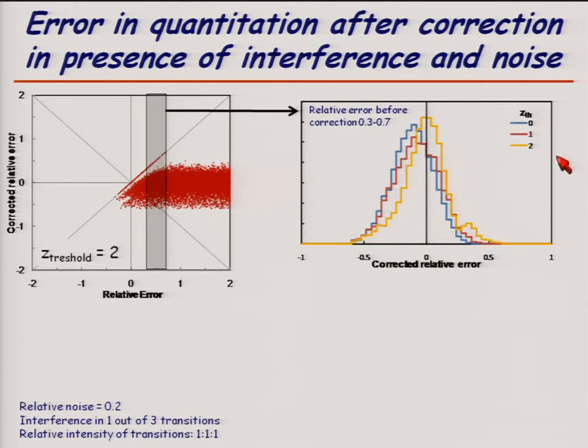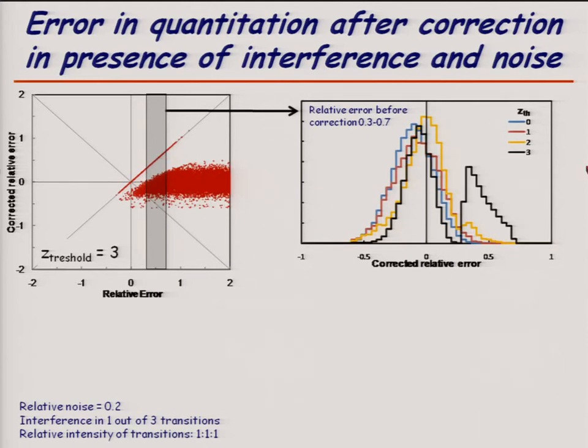But now when we raise it up to 2, we start getting some interference that's left over. You can see that those are these dots left on the diagonal. And if we go to a threshold of 3, we start getting quite a lot that's not corrected for.